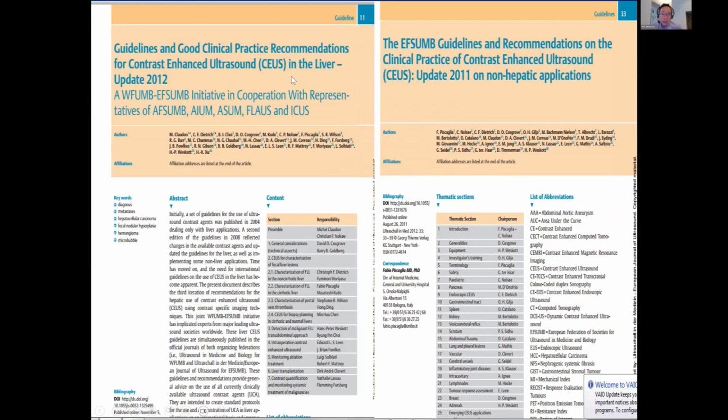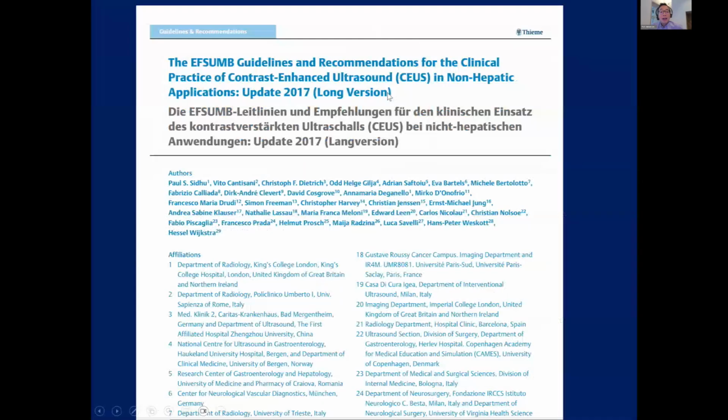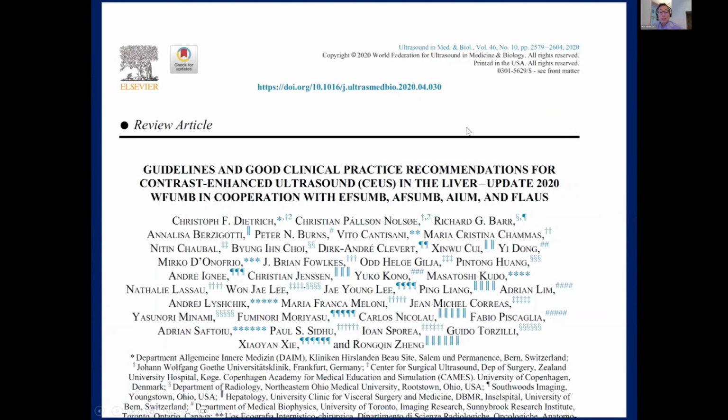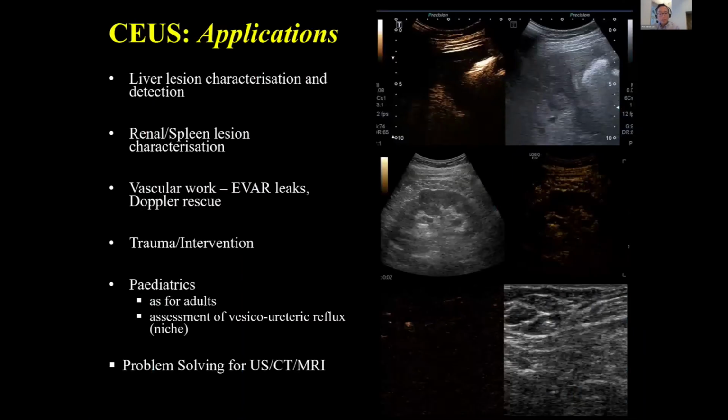They're split into liver applications and then non-liver applications or non-hepatic applications. The non-hepatic applications were updated in 2017, and the liver applications were recently updated in 2020. And these are by a panel of worldwide experts coming together to provide some guidelines and recommendations.